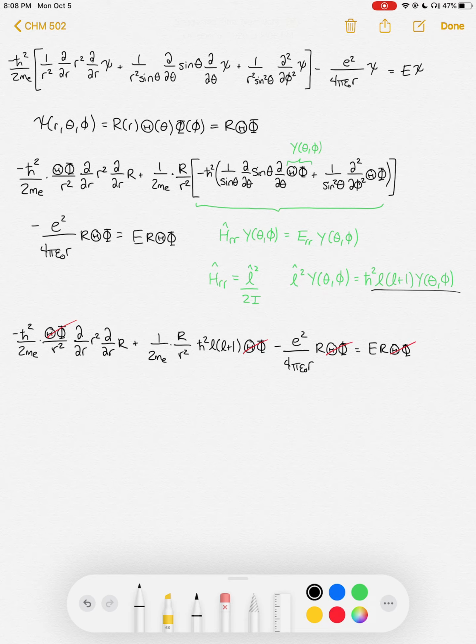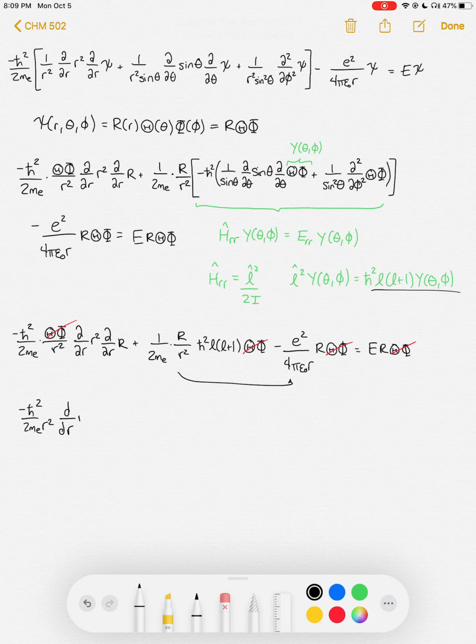So I'm going to rewrite this, and I'm going to pool these two terms that are each dependent on r, and I'm going to rewrite this as negative h bar squared over 2me r squared times the derivative, and now that we've removed our angles, we just have a regular derivative, not a partial derivative.